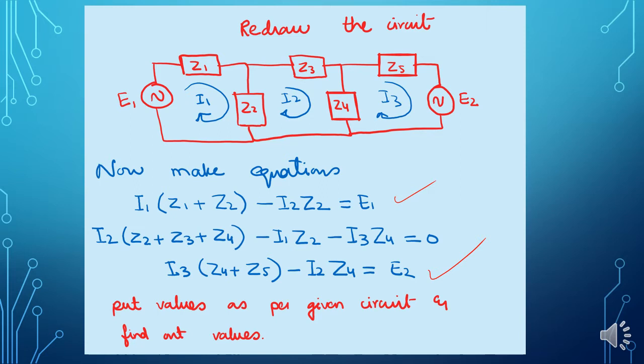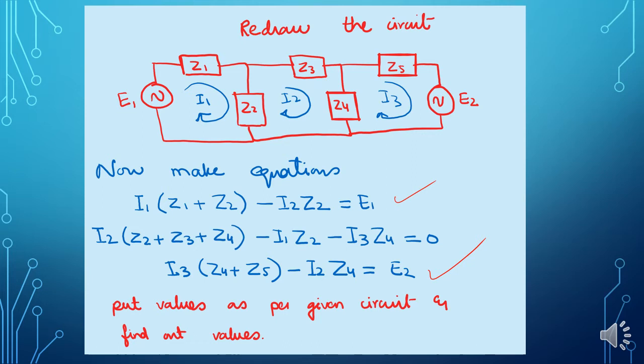Now, after making these mesh analysis equations, we just have to put in the values of components given in our circuit and find the values of I1, I2 or our required values, right? The procedure is to first make impedances, then draw the impedance diagram, and after that solve the circuit. This was the example for mesh analysis.